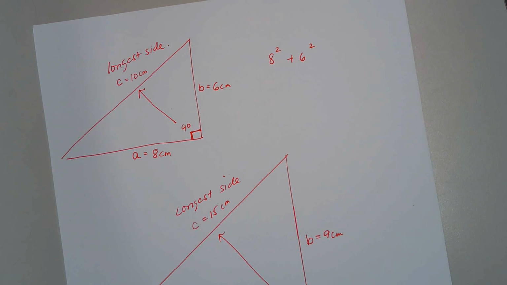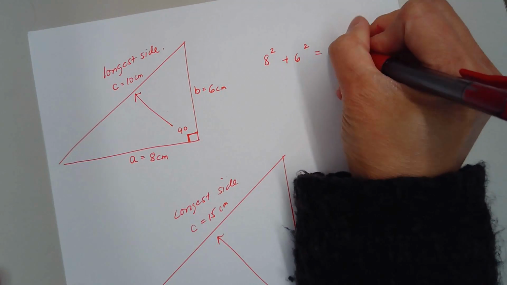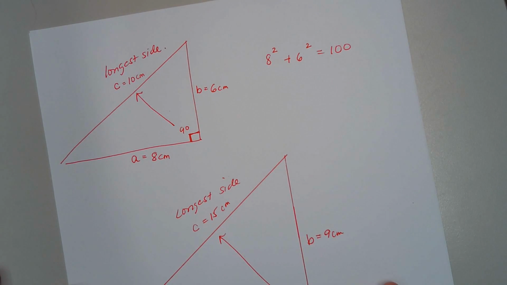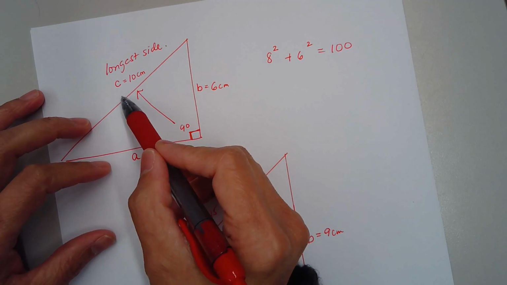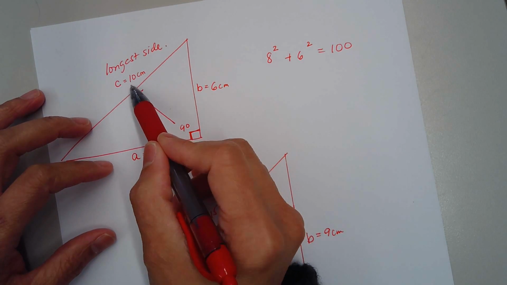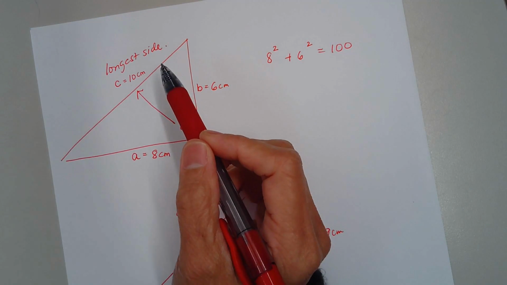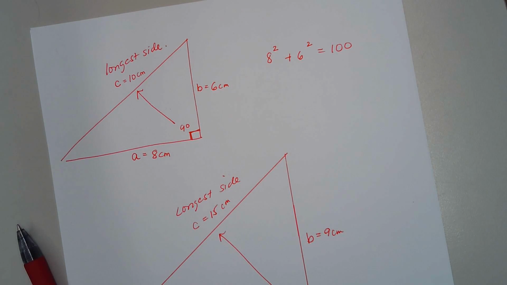These are the two short sides. If I square them each and add them together, it's going to equal the square of the longest side.